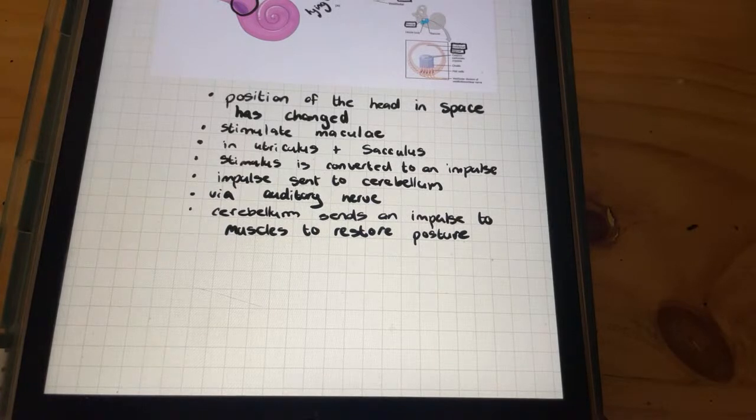Anything else? I'm just looking for any other ear questions before I go on. Oh, gibberellins and abscisic acid. I just saw someone ask that about plant hormones. Yes, you do need to know what they do. I wouldn't spend a huge amount of time learning them.